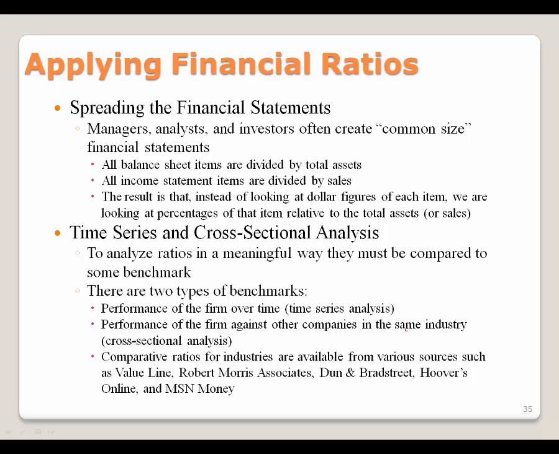With the ratio results, for example, you calculate a company's current ratio and it turns out to be 1.1. How do you make sense of the 1.1? We want to apply the financial ratios and conduct the so-called comparative analysis.